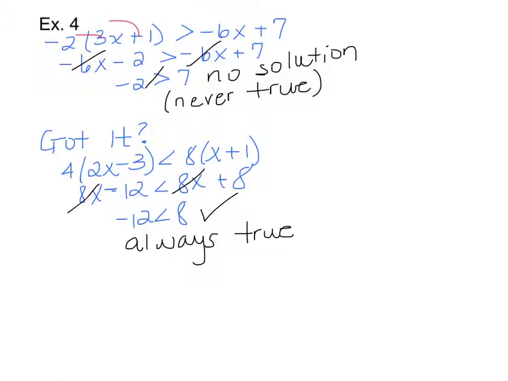Okay, now we're going to do and/or types of inequality. So we got 7 is less than 2x + 1, and 3x is less than or equal to 18.